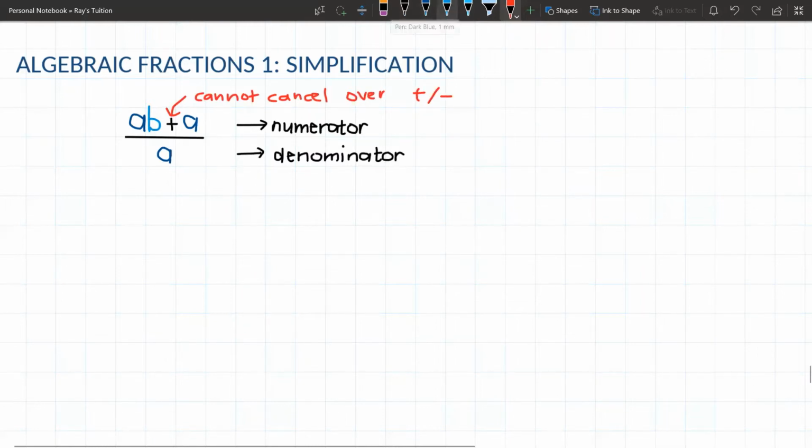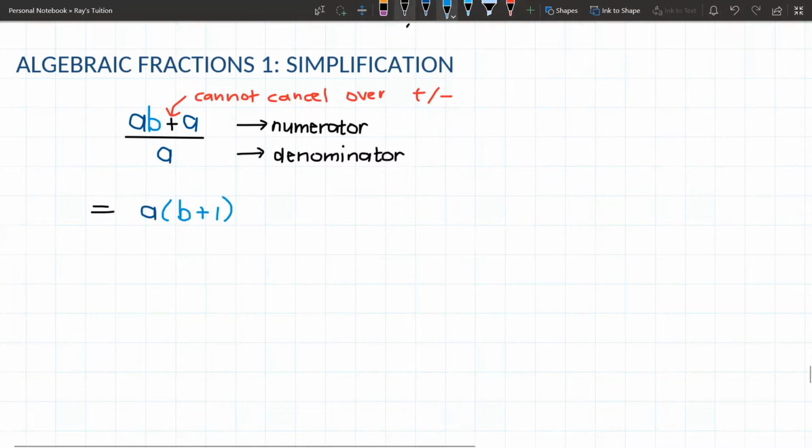What we can do is we can factorize. So what we're going to do is look at the numerator, and what we'll notice is that A is common between both terms. And then we take it out as a common factor. Once we do that, what we'll have remaining is the B plus 1.